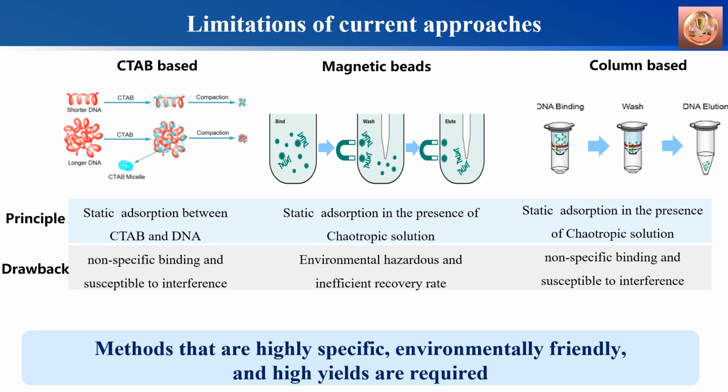For example, there is no specific bonding of these materials with eDNA, and some hazardous agents are needed during the extraction. So new methods that are highly specific, environmentally friendly, and high yield are required.